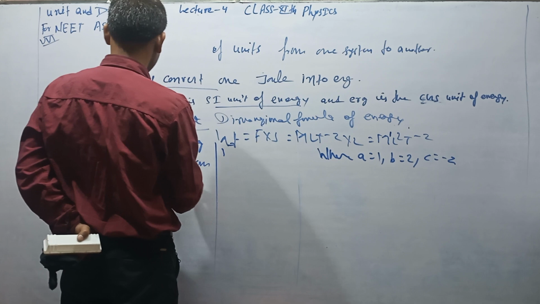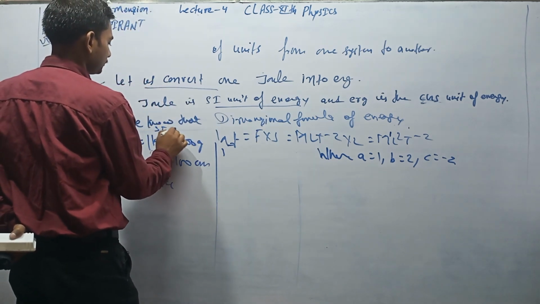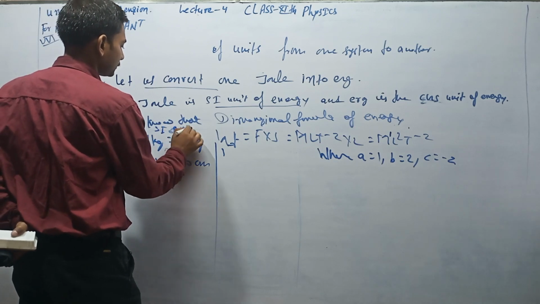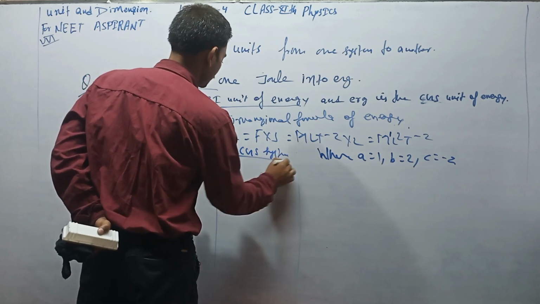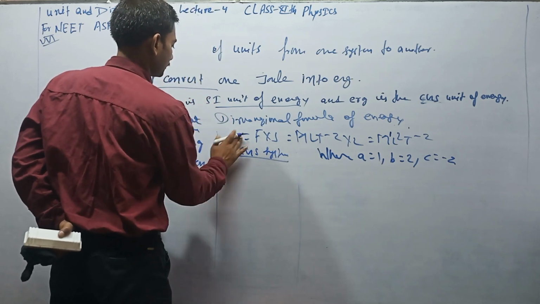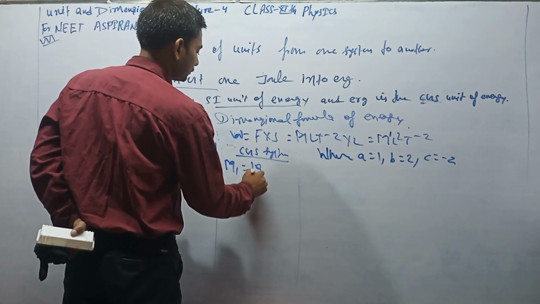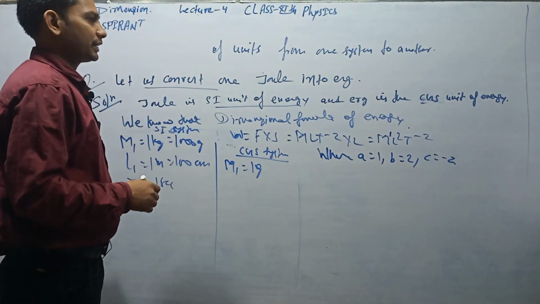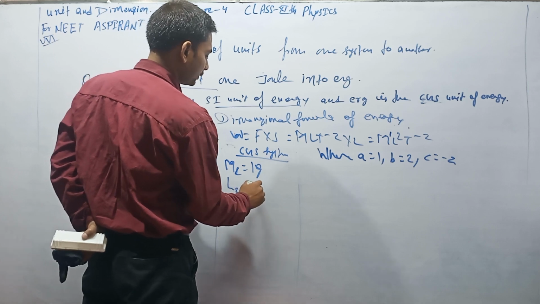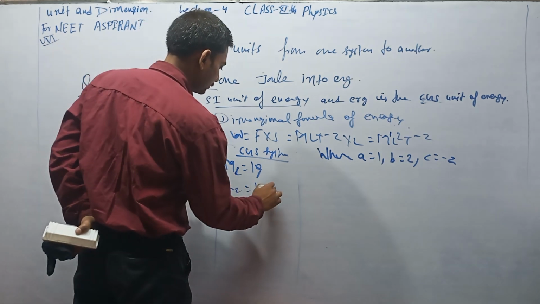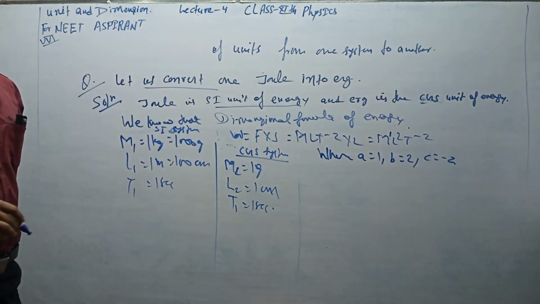In the CGS system, M2 is 1 gram, L2 is 1 centimeter, T2 is 1 second.